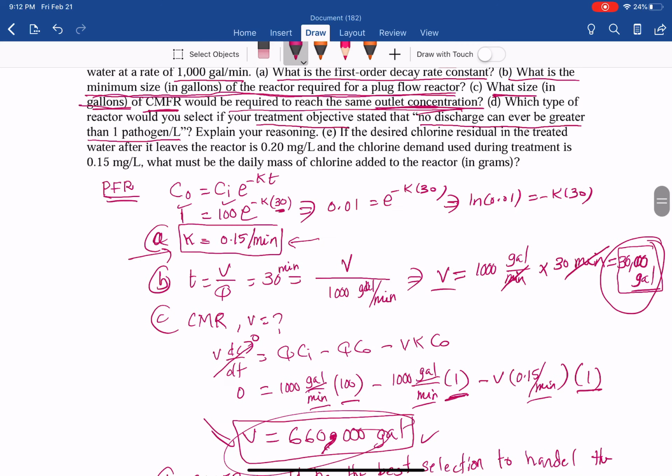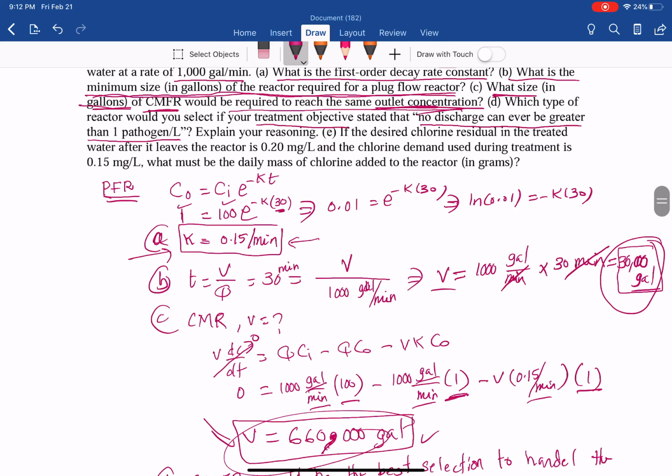Now, E, if the desired chlorine residual in the treated water after it leaves the reactor is 0.2 milligram per liter, and the chlorine demand used during treatment is 0.15. What must be the daily mass of chlorine added to the reactor in grams? Okay.